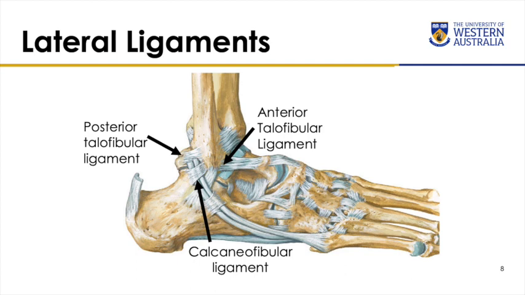On the lateral side, we have the lateral ligaments, which are made up of 3 separate ligaments: the anterior talofibular ligament, or ATFL, which is the most commonly injured when you sprain your ankle. There is the calcaneofibular ligament and the posterior talofibular ligament, which are involved in more serious ankle sprains.